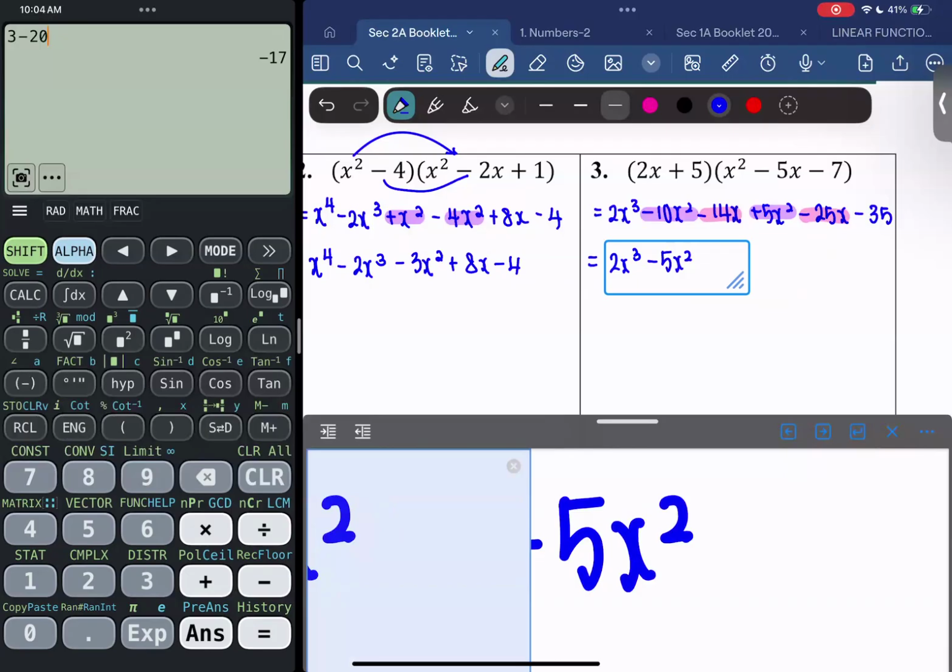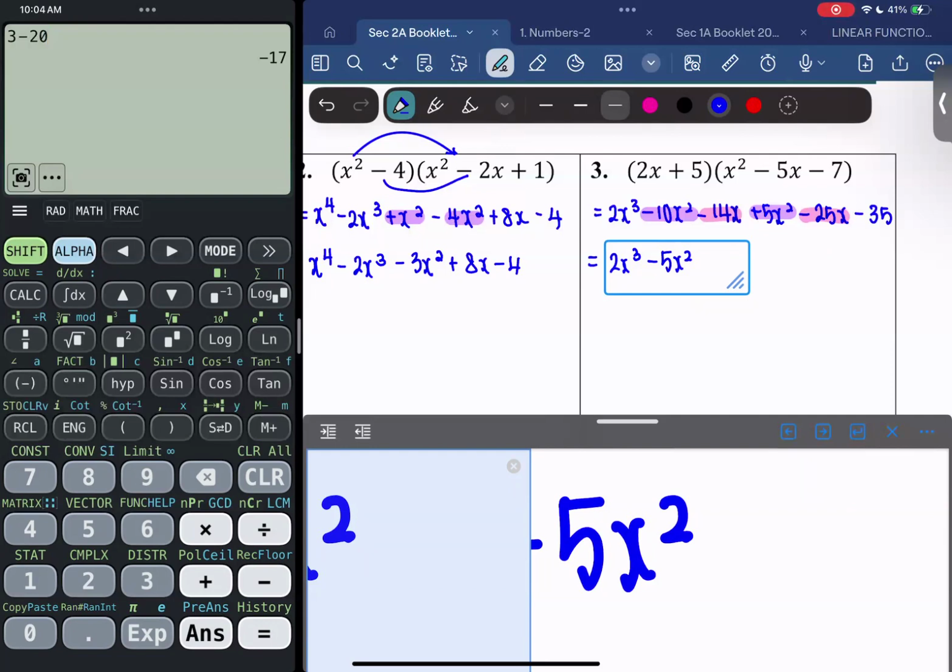Then what about the 14? Negative 14x minus 25x. No, negative 14 minus 25. They are both negative. So you just press your calculator, negative 14 minus 25.